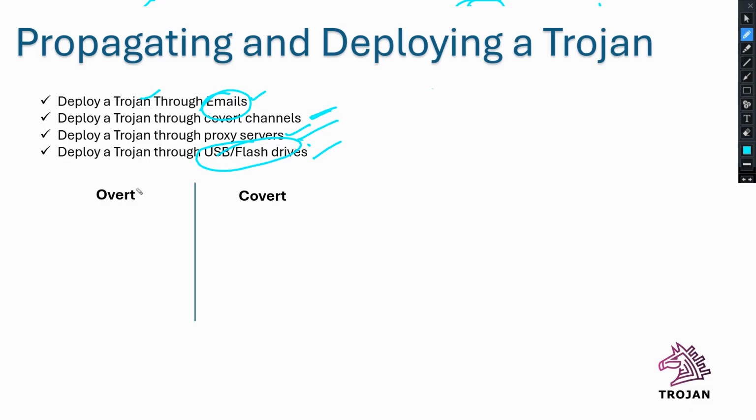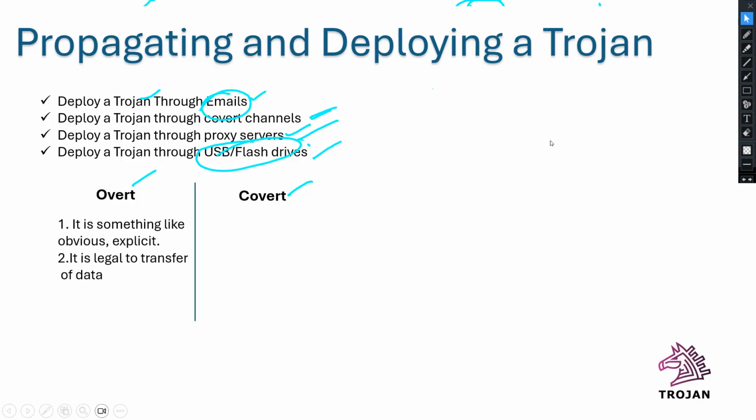So we have two terms, overt and covert. Overt means something obvious and explicit, and it is legal to transfer data. Those are the things of overt. Okay, it's legal to transfer the data.